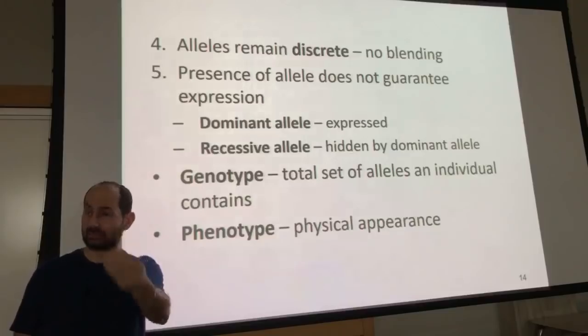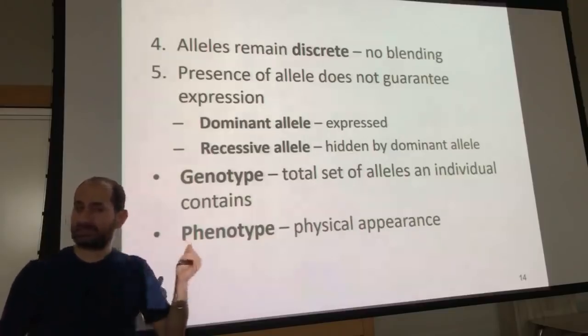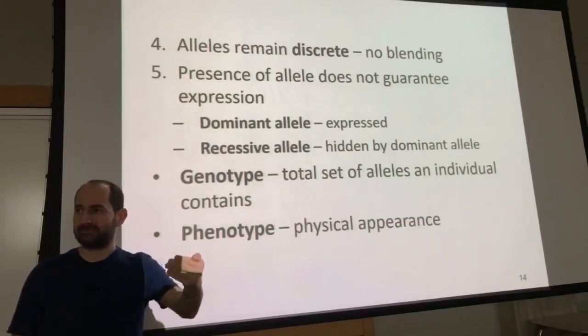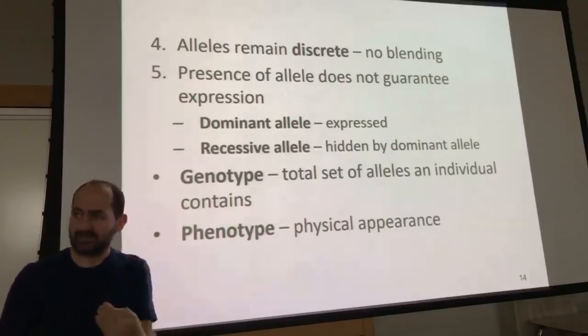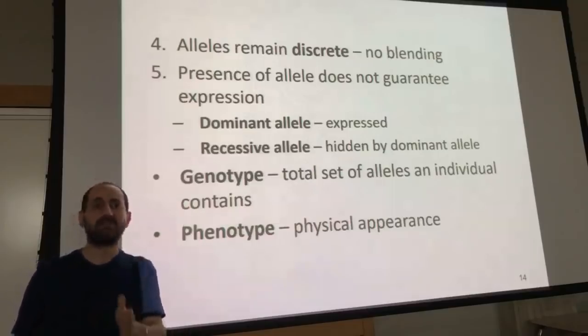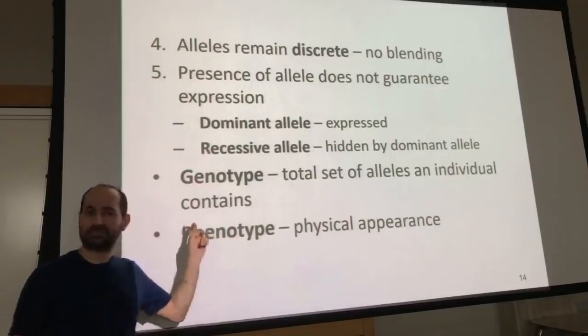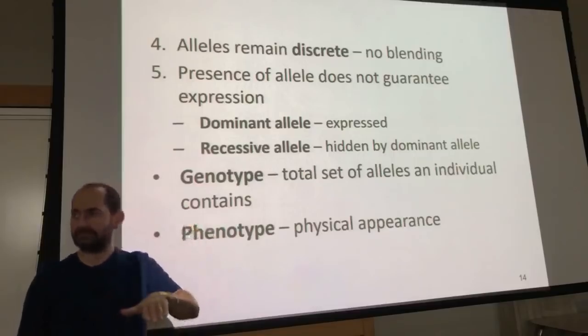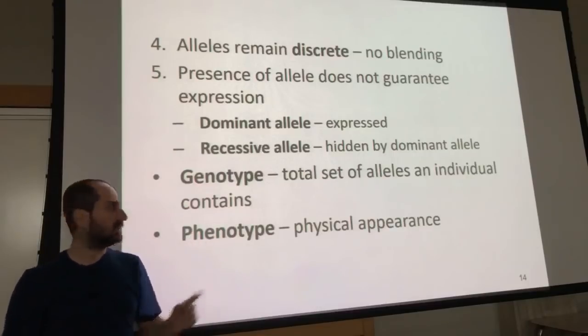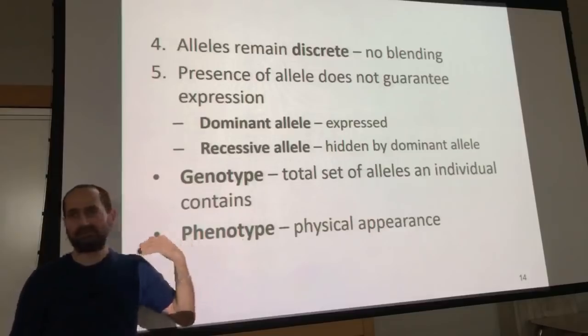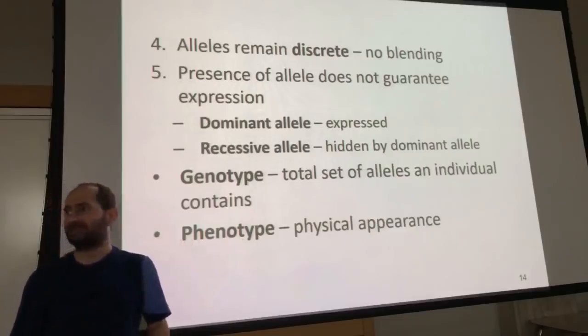So if it's a true breeder, its genotype is big P, big P or little p, little p. Does that make sense? If it's a non-true breeder, its genotype is big P, little p. Okay? Makes sense? Phenotype, on the other hand, is what you see. Remember what you see. So is it purple or white?